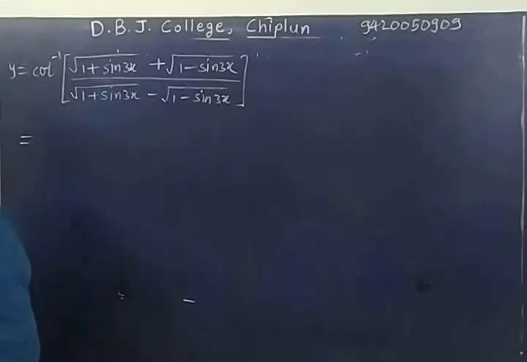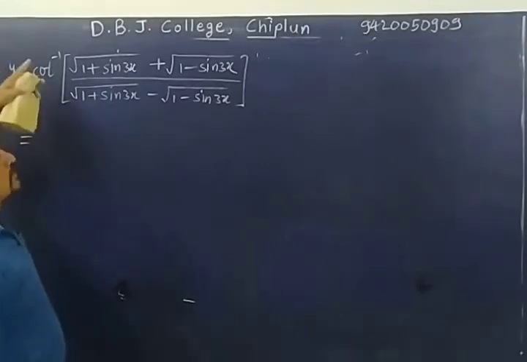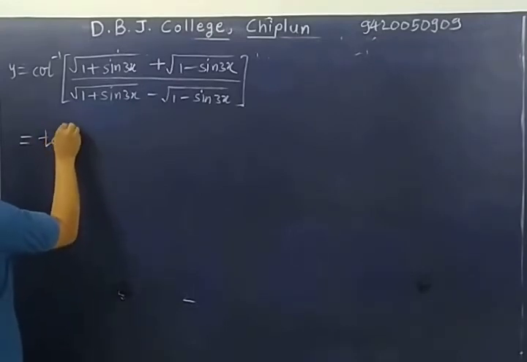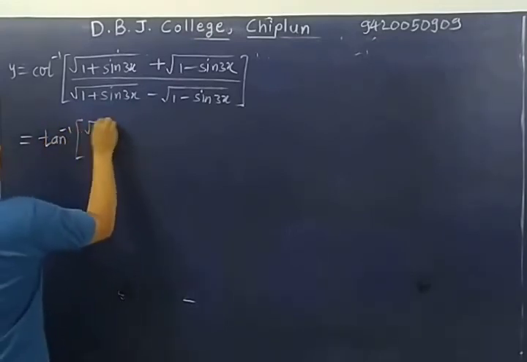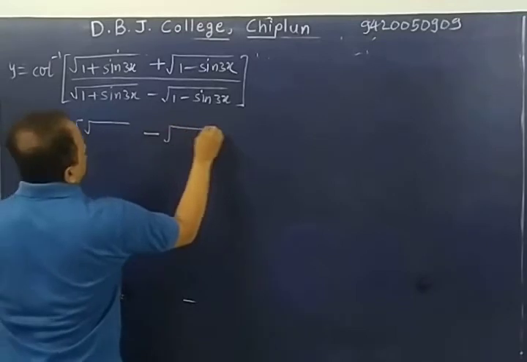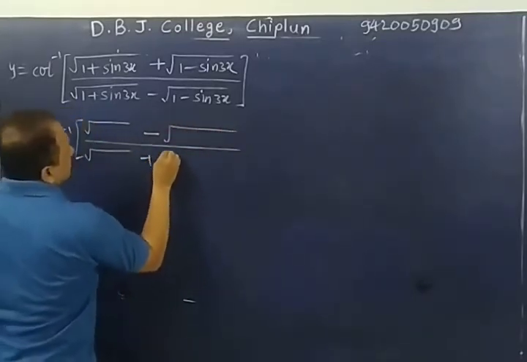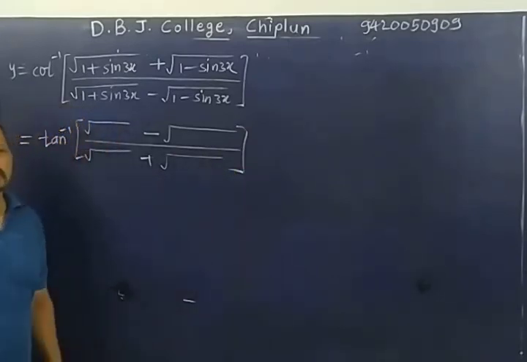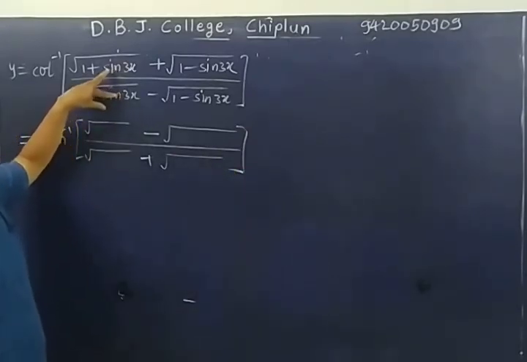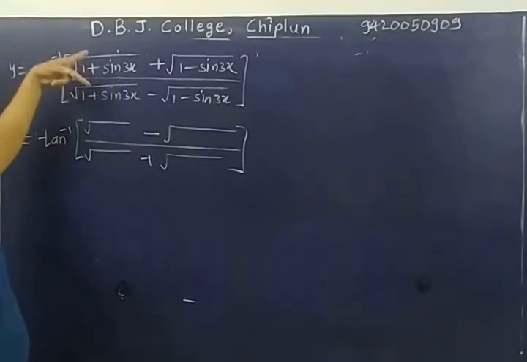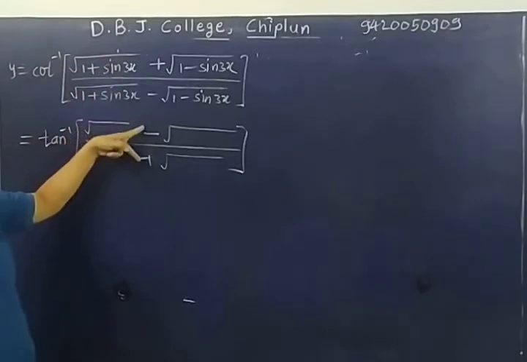First of all, I will convert cot inverse to tan inverse. This is tan inverse of under root minus under root divided by under root plus under root. To convert tan inverse to cot inverse or cot inverse to tan inverse, just interchange the numerator and denominator. This is what I did here.